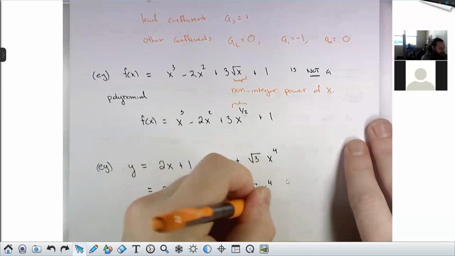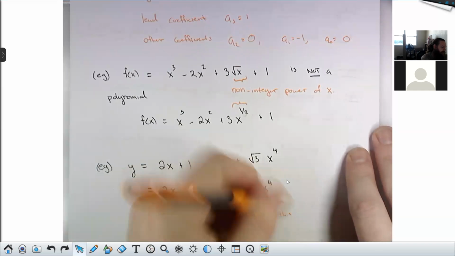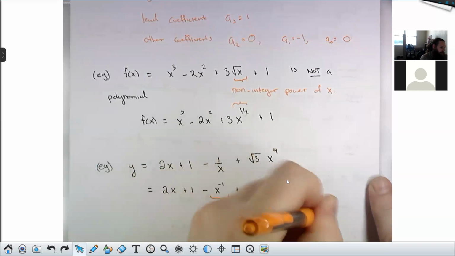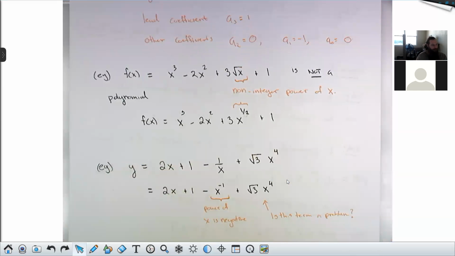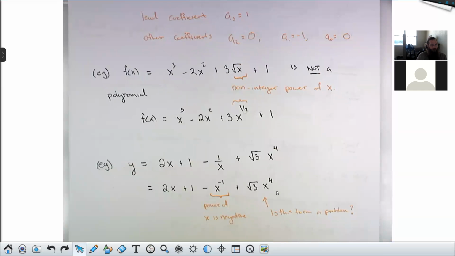Is this term a problem? Yeah, this term's actually okay. Even though the 3 is under a radical, the x is not, right? The power of x here is a non-negative integer. This is okay. And the coefficients can be whatever sort of numbers you want. Doesn't matter. All that matters is that the power of x's are all whole numbers greater than or equal to 0.